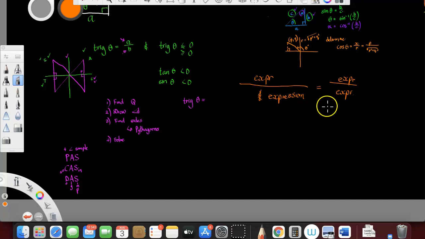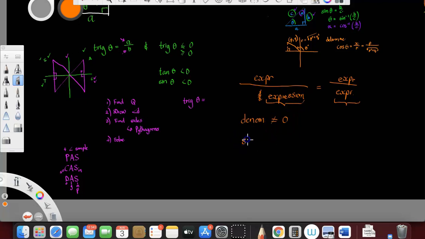They'll often ask you for what values this identity will work, and for what values it will not work. And it always comes down to this: it cannot work for any angles that make the expression undefined. So whenever one of the denominators, all you do is take the denominator and set it equal to 0, or say it is not equal to 0, whatever it is. And then you just solve it.